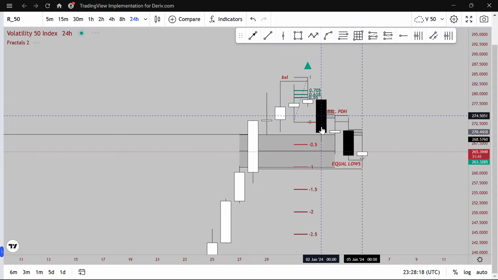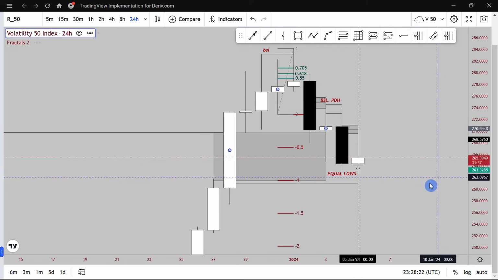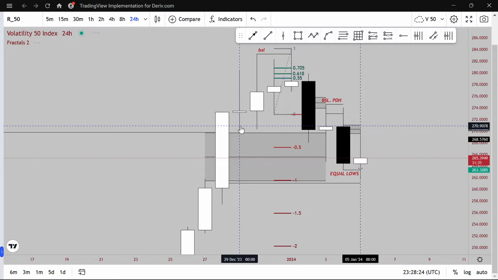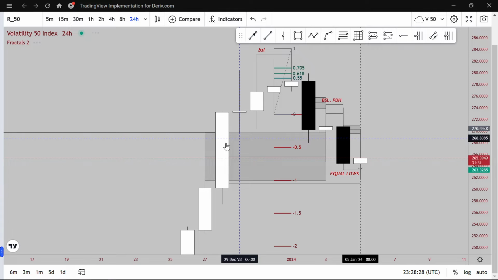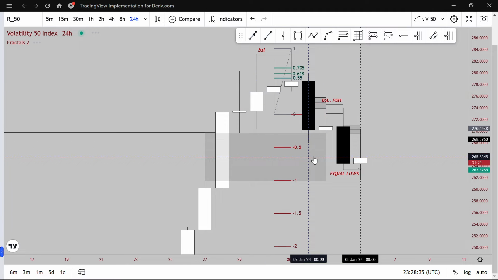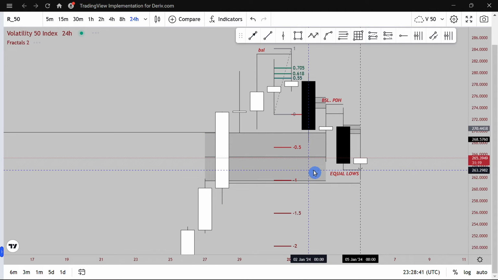So immediately I saw this, I frame a short-term bearish bias to see this fair value gap that you see here to be filled. Okay, this candle's low to this candle high, that's a bullish fair value gap. So I wanted to see the fair value gap being filled because price moves for two reasons: to take liquidity and to rebalance imbalances.